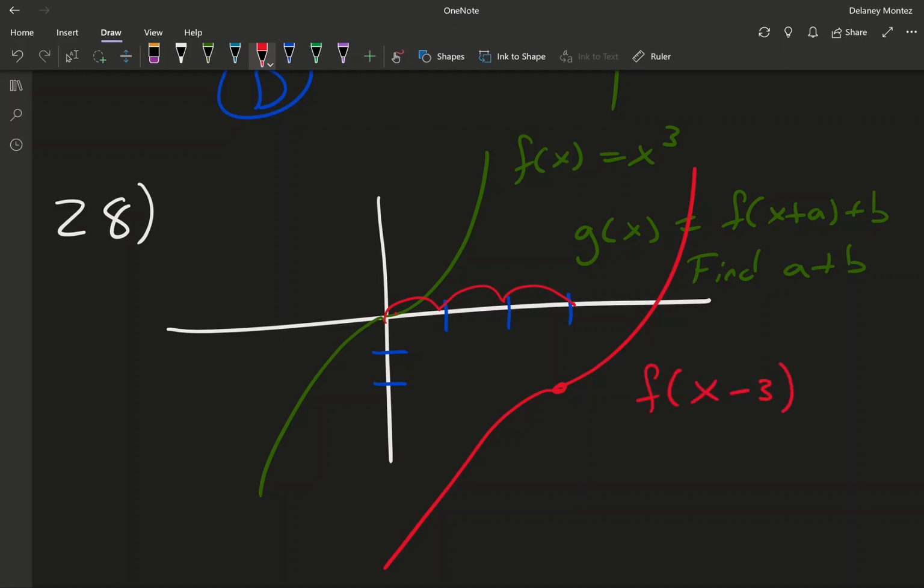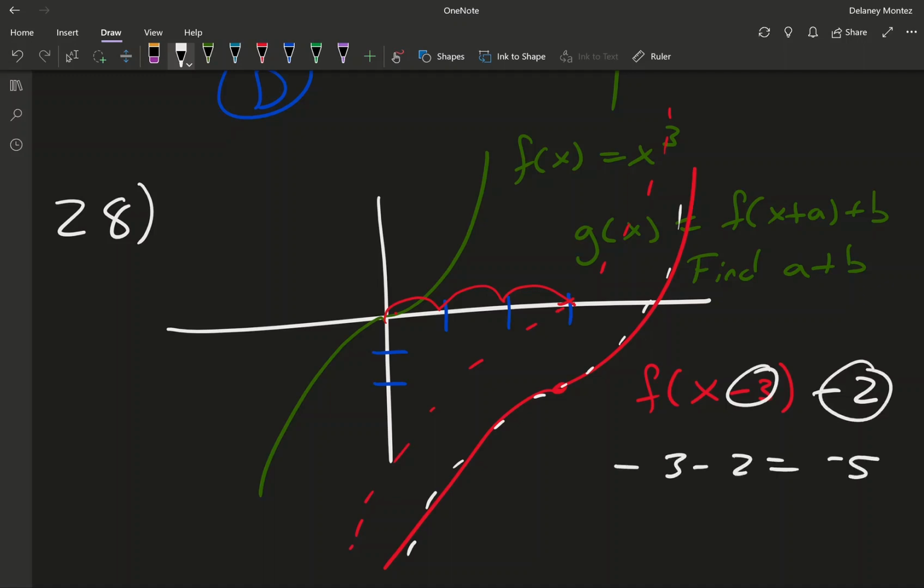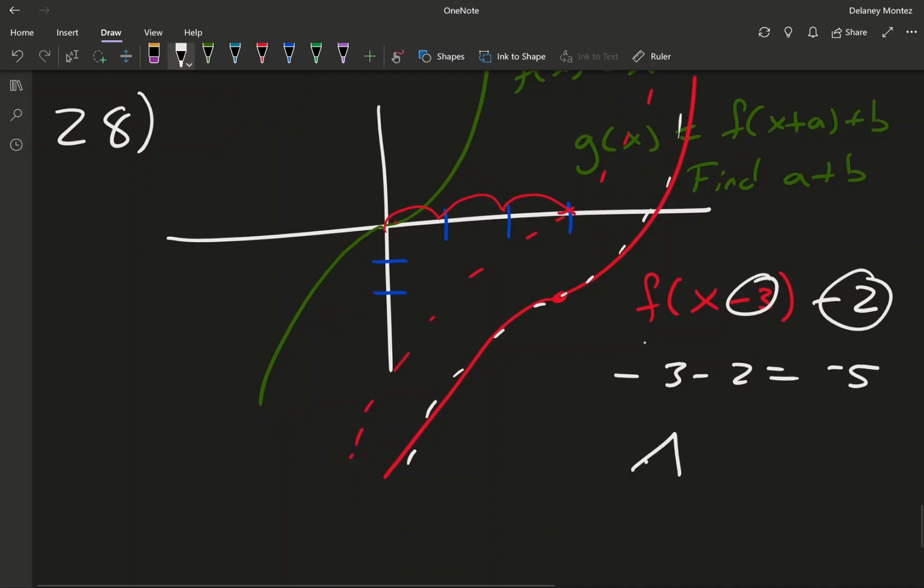So this is what this function would look like if we just stopped moving it. But since we move it down 2, we're going to go minus 2. You move this down here and you'll get this. So your two numbers are -3 and -2. So -3 minus 2 is -5, or A.